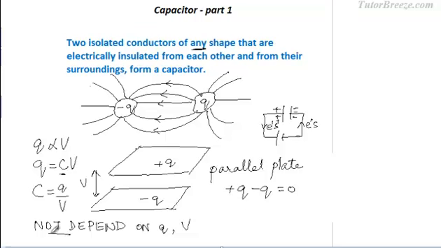Capacitance is a measure of how much charge must be put on the plates to produce a certain potential difference between them. If the capacitance is higher, that means more Q is required for a particular potential difference.